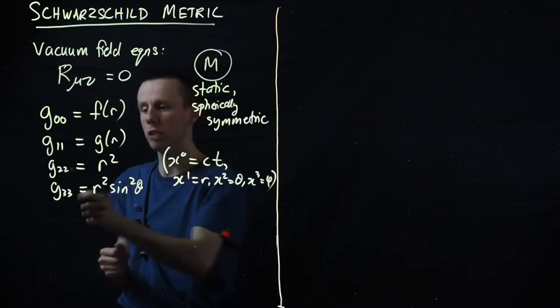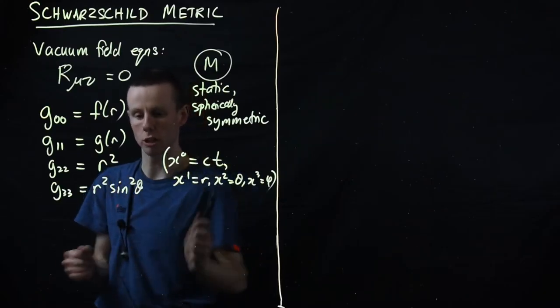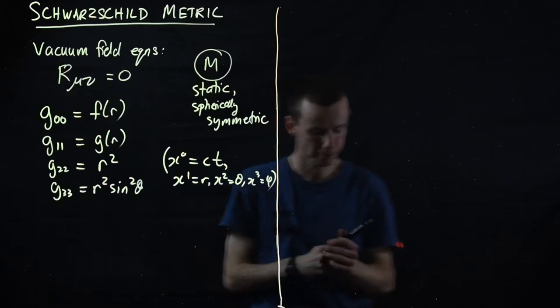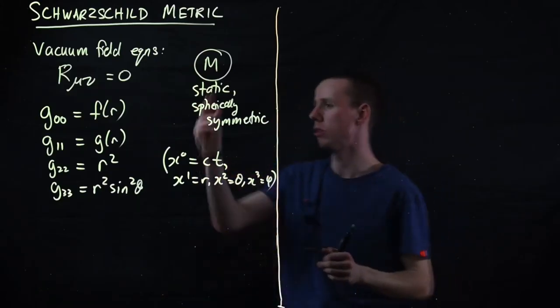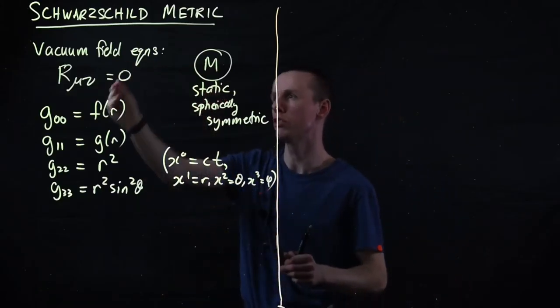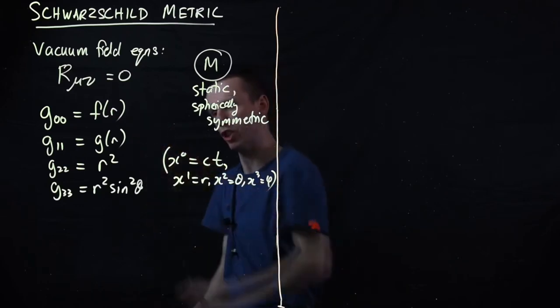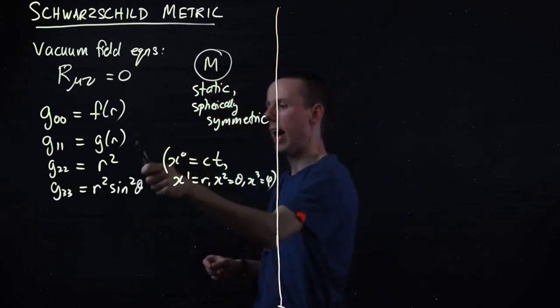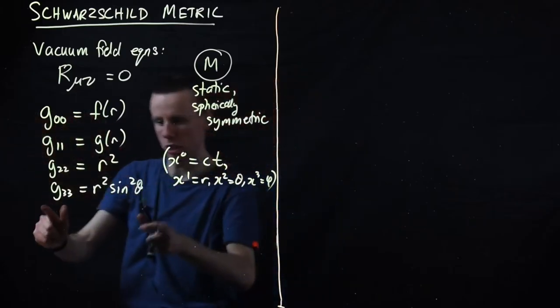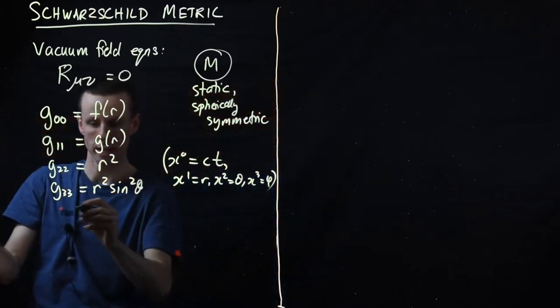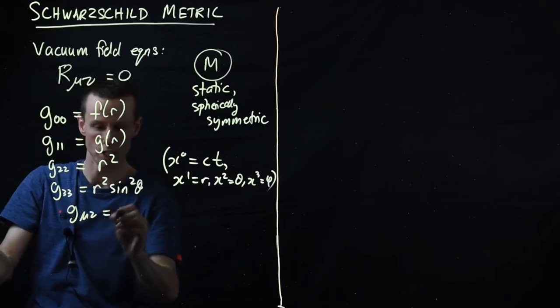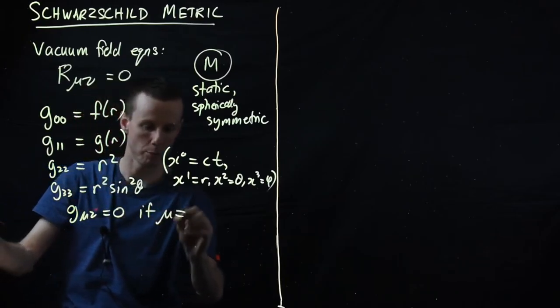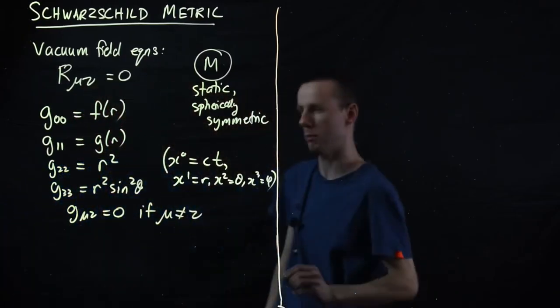And then g_22 and g_33 are r squared and r squared sine squared theta, it turns out. And all the other elements are 0, by the way. So g_μν is 0 if μ is not equal to ν. So the off-diagonal elements are all 0.